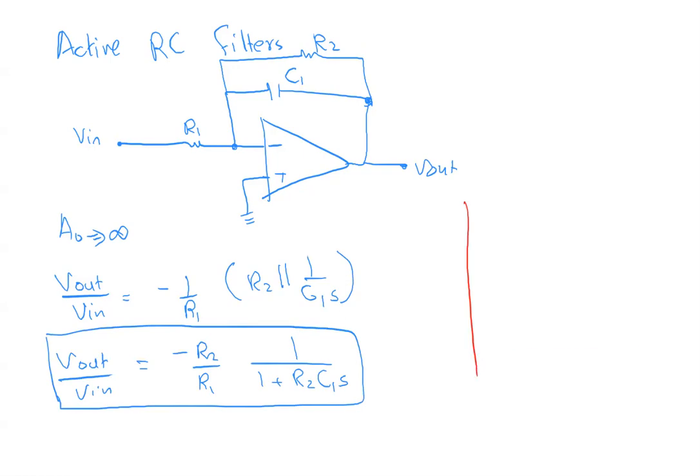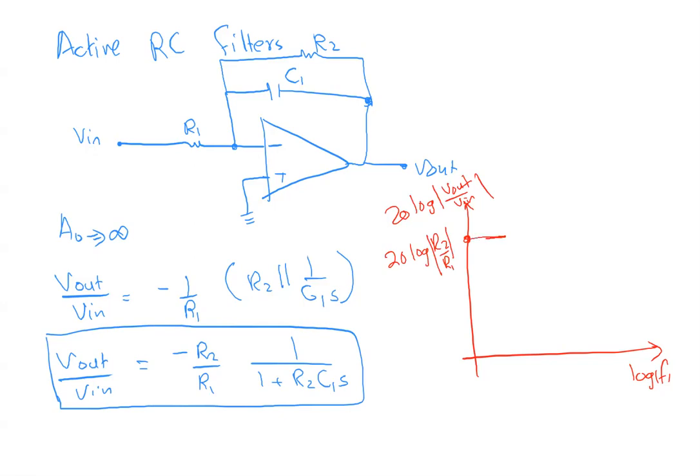If I want to plot the Bode plot of this one, this is log f, and this is 20 log of V out over Vn. At DC, I will have 20 log of R2 over R1 in dB.